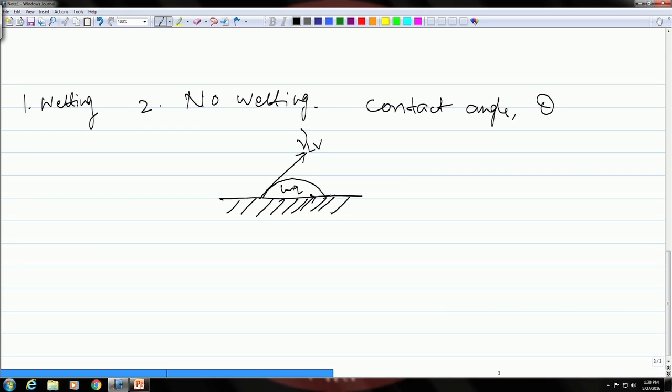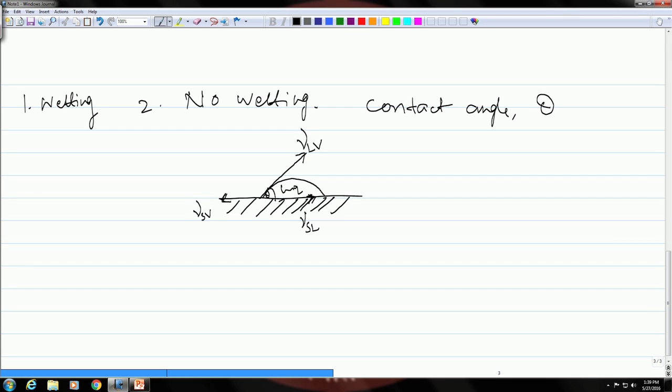Then you have this solid liquid interface, so here you have gamma SL, and then one more interface between the solid and the vapor, gamma solid vapor. And this is the angle I talked about, known as the contact angle.